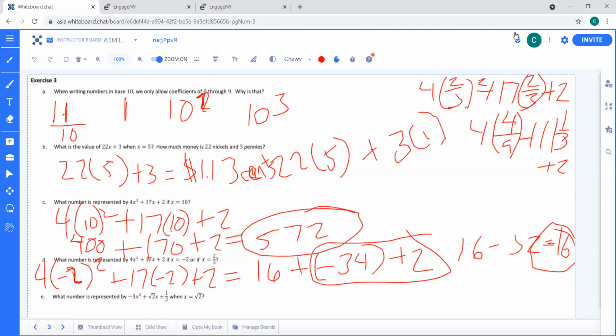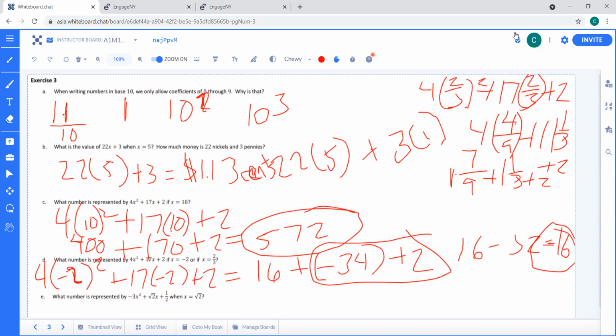So that's 16 divided by 9, which is going to be 1 7/9, right? 1 7/9 plus 1 1/3 plus our 2 there.